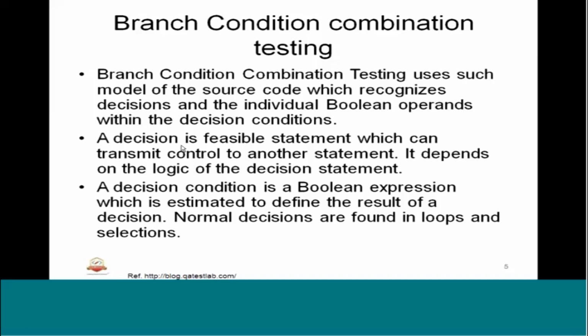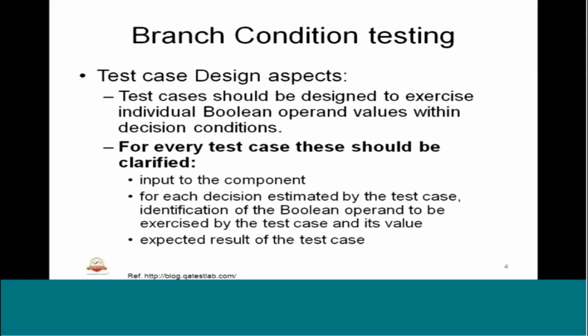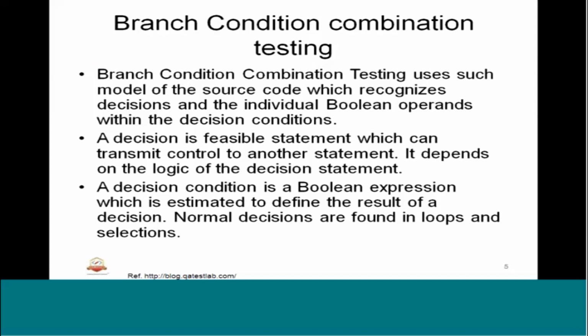That means the Boolean expression will drive the values in such a way that the decision outcome will be known. Normal decisions are found in loops and selections. Here we have a combination of that, and the Boolean operands within the decision conditions are tested with the help of this. Each of these Boolean operands needs to be tested for the variables that it takes care of.